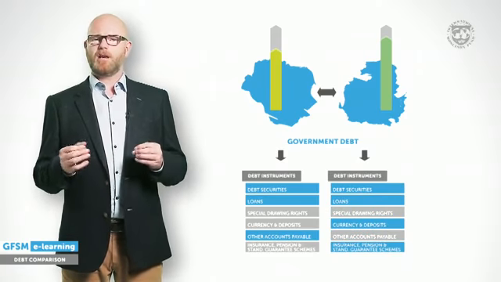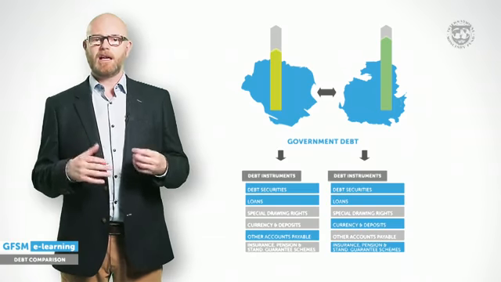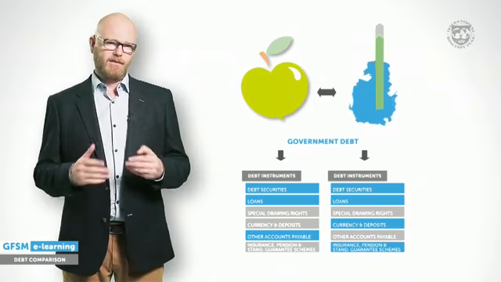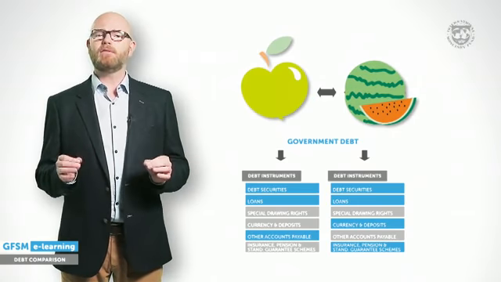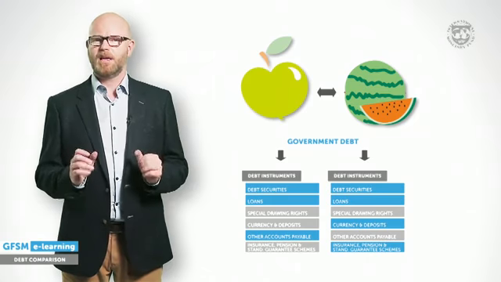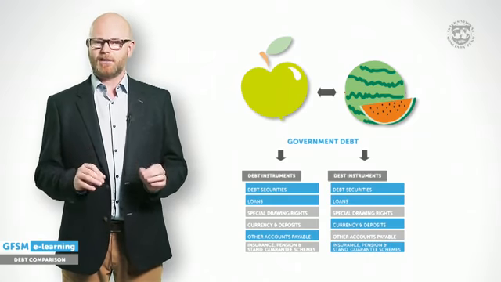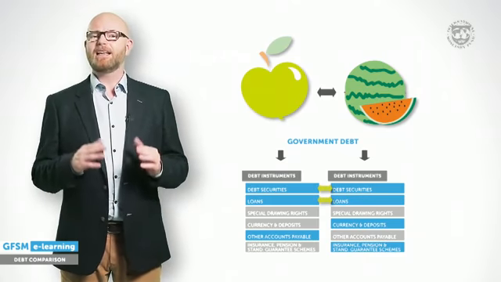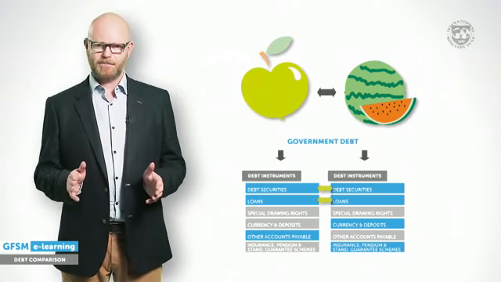In such cases, comparing debt between countries can become an exercise of comparing apples with watermelons. The first step thus entails unraveling total gross debt data into various levels of debt instruments. Even though some debt instruments may exist and not be published, matching debt instruments can then still be compared.